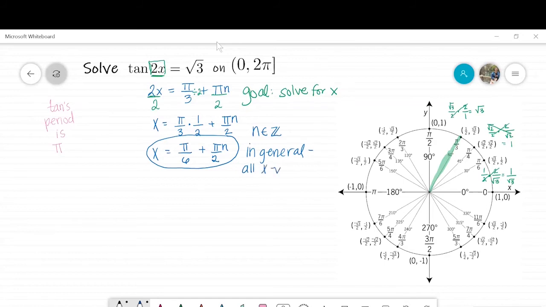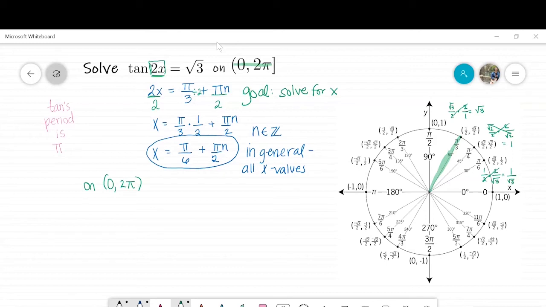All x values. But our question specifically said we want to look at answers that live on this interval, right? So we take it an extra step and say, okay, on the interval 0 to 2 pi, a great approach to this is just plug in values of n. I know I won't use any negatives because that's going to take me smaller than I need to be, right?